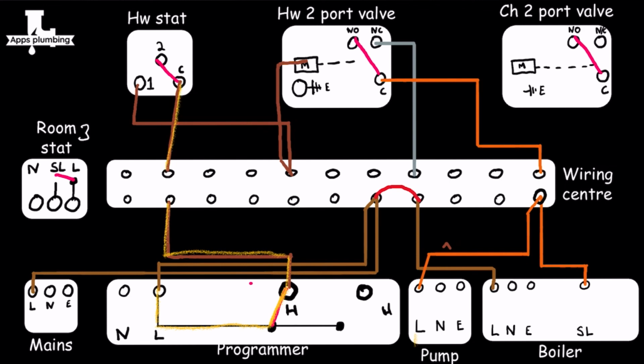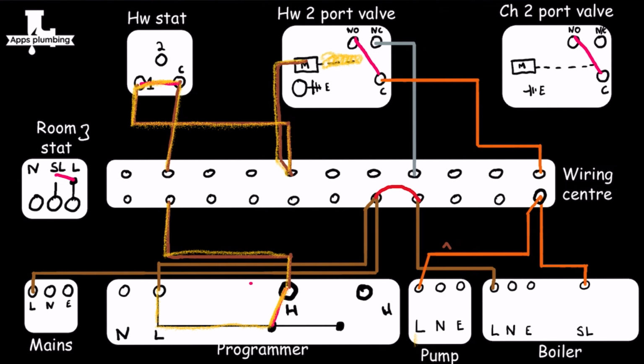The cylinder stat, if the water's at 65 degrees and you only want it at say 60 degrees, then it's not going to come on. But if it's too cold and it says I need some heat because the water's too cold, it will then flick across. That will then allow the electric to pass through, exactly the same as central heating, to the motor.